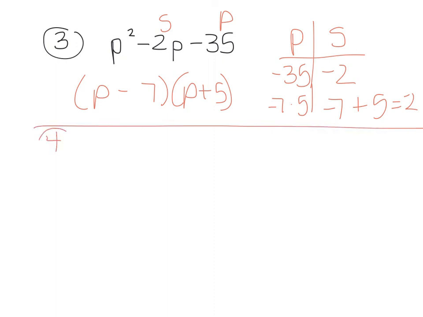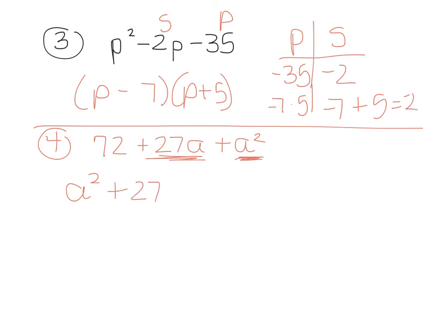Now number 4, when I give you this problem, I'm giving it to you in the wrong order. So in order to do it, you just have to rearrange it first. It has to start with the a squared, then it has to have the a term, then the 72. So it's just a matter of rearranging.